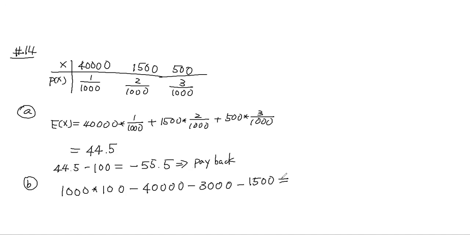So it's 1,000 times 100, then I minus 40,000, then I minus 3,000, I minus 1,500. So I got 55,500. So this is greater than 50,000 here. So I know with the current raffle plan, if I can sell all the 1,000 tickets, then yes, I'm going to meet the goal for my fundraising.